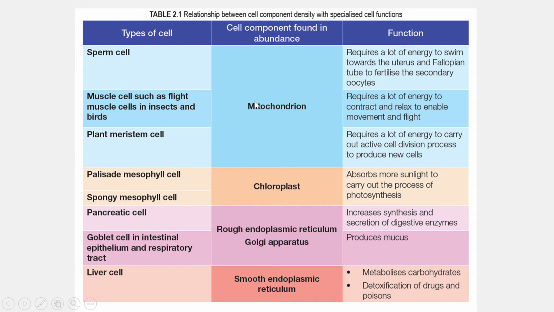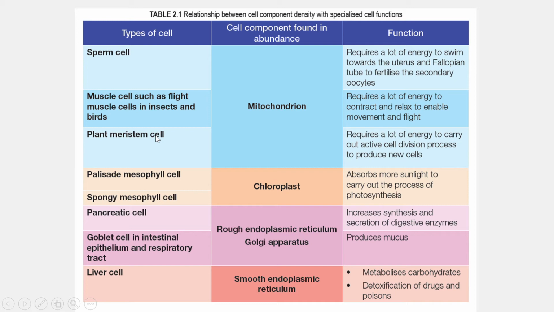Okay, you have to know the fact that we all require energy. All the physiological processes require energy, but why then is it found more abundantly in sperm cells, in muscle cells such as flight muscle cells in insects and birds, and the meristem cells?